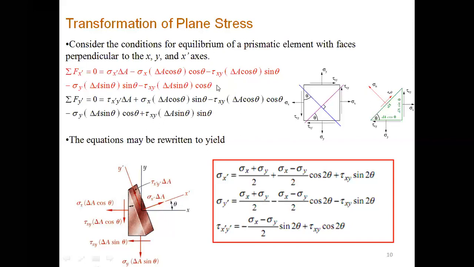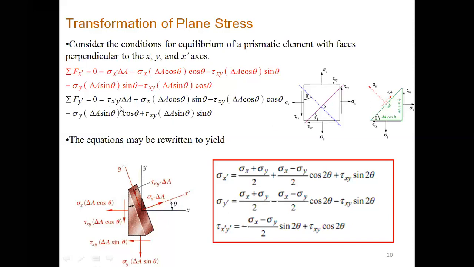So you have to sum up all of the rectangular components, all of the forces along x prime, and we would get this equation. Similarly, if we sum up all of the forces along the y prime axis, we would get our second equation.